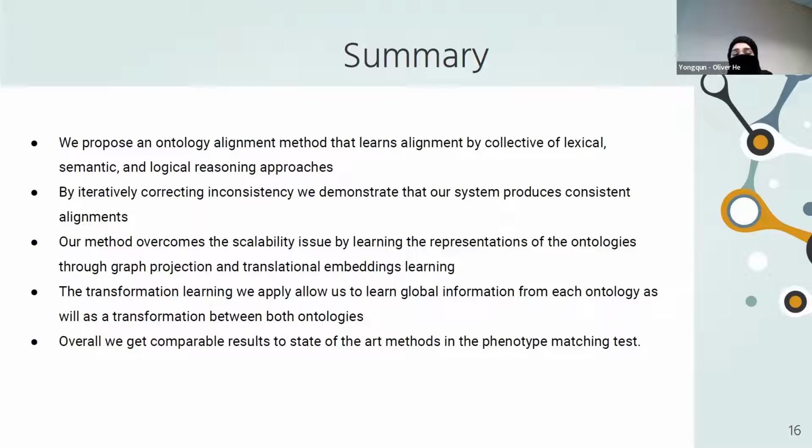Our method overcomes the scalability issue by learning the representation of the ontologies through the graph projection that I have showed you. The transformation learning we applied allowed us to learn the global information from each ontology separately, and it allows us to find more indirect alignments that cannot be found by lexical matching alone.